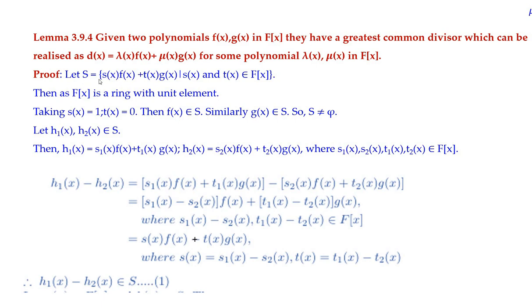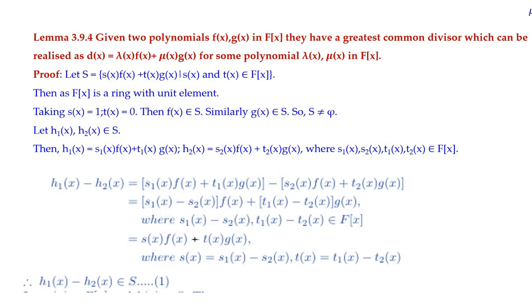So they are present. Where are they? They are in F[x]. Now in F[x], you are considering such a collection, and first you have to say that it is non-empty. We say that f(x) is a member of S, and in the same way g(x) is also a member, so that your S will be non-empty.